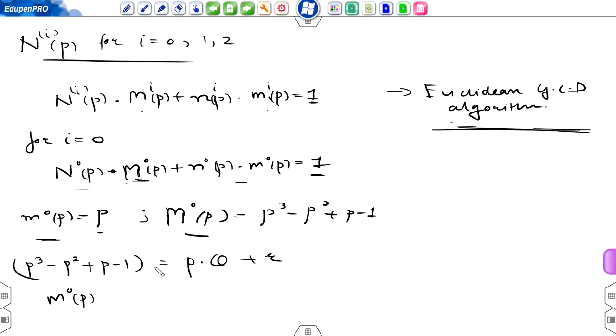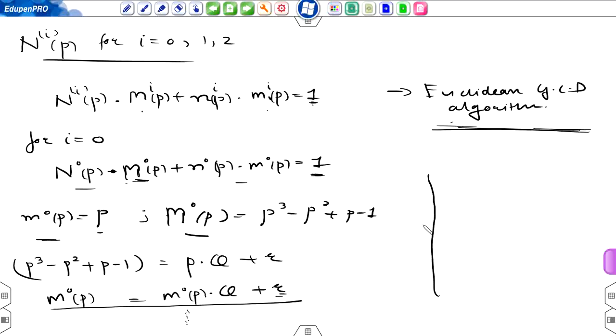Okay, so this is m0(p) into some quotient part plus remainder. So this you have to do in a particular manner. Okay, so p cube minus p square plus p minus 1, dividing this by p, so this is p square, so this will be p cube.